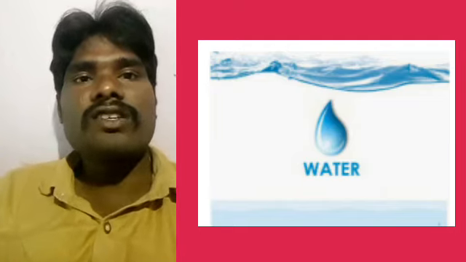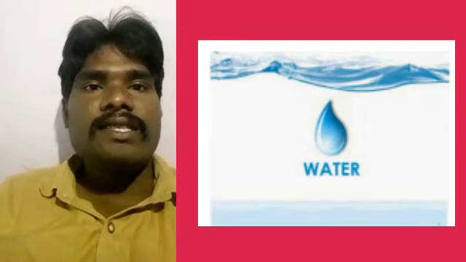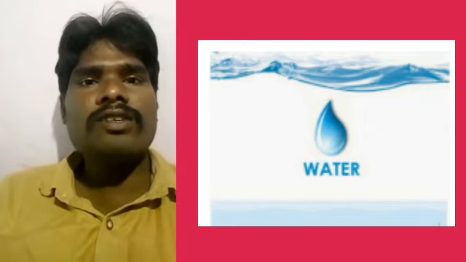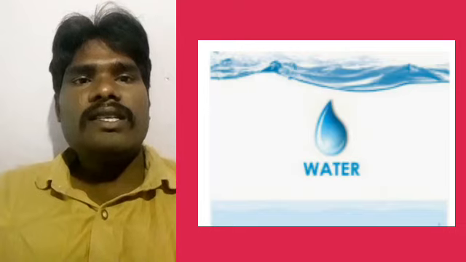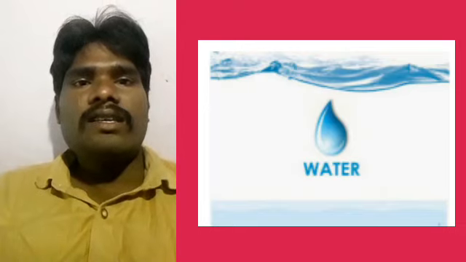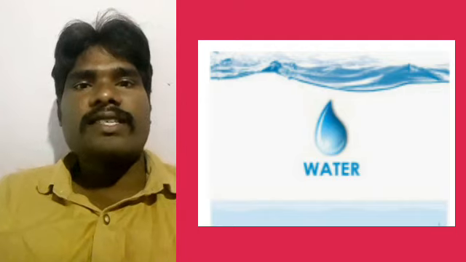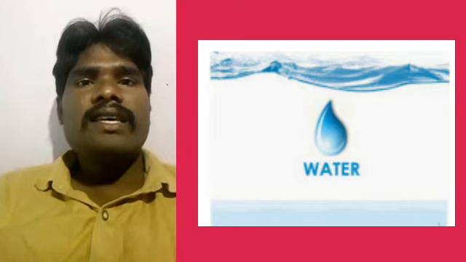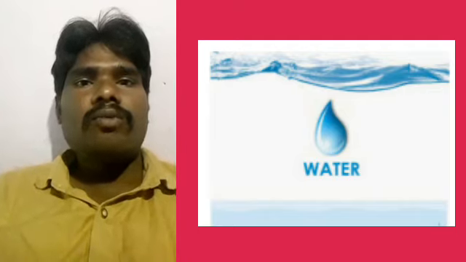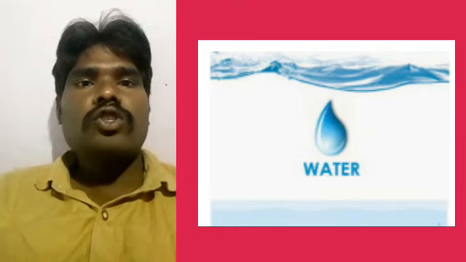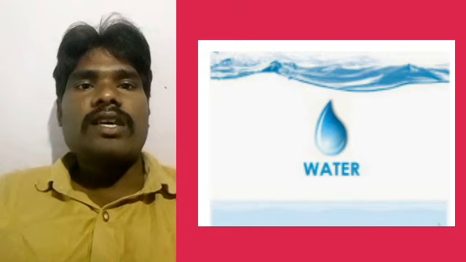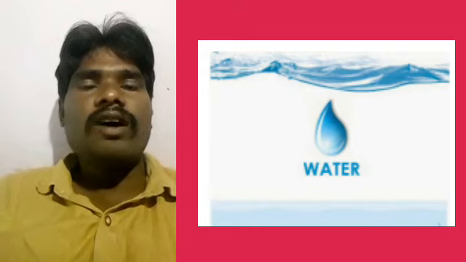This 1% is there underground, in some rivers, in lakes, or it is evaporating also. Water is in constant motion through the process of evaporation, condensation and precipitation: the water cycle.